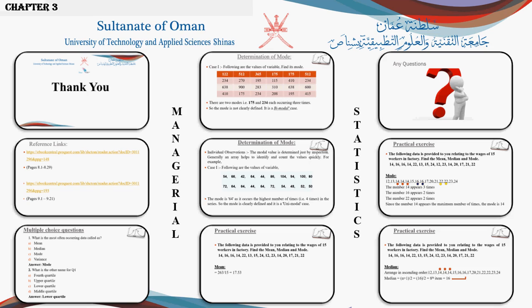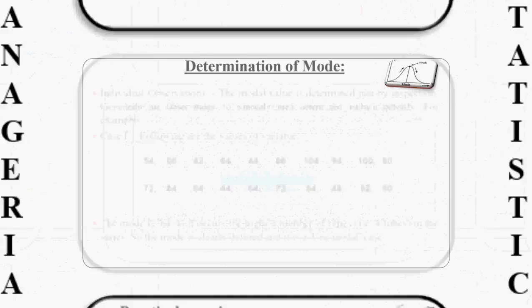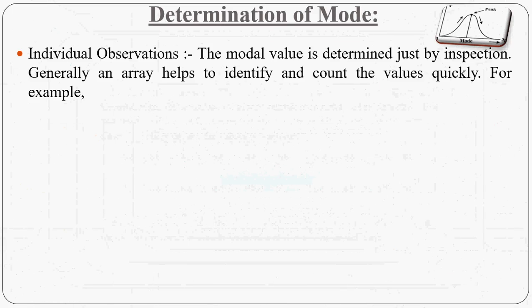So in the previous slide, I had explained about median, quartile, and the meaning of mode. Now, let us calculate how to determine mode. With regard to individual observations, the modal value is determined just by inspection.